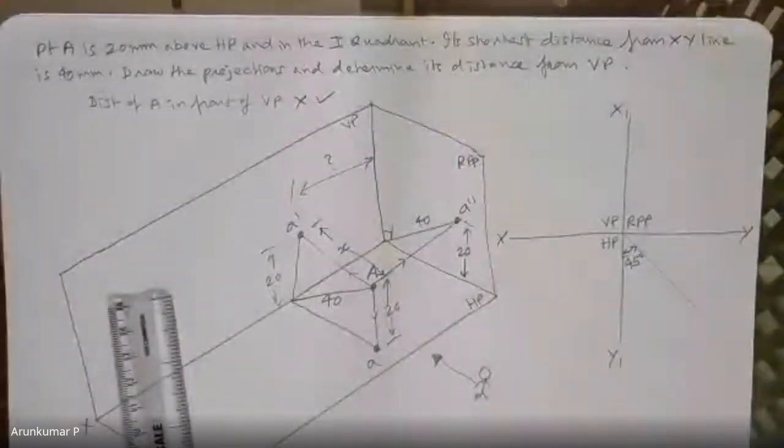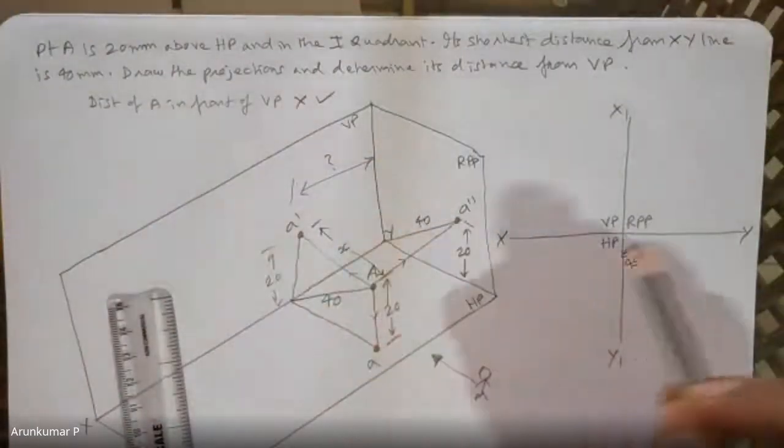Can I start from the side view? Can I start from A double dash? Can I locate A double dash in RPP first? Is it possible to locate A double dash?